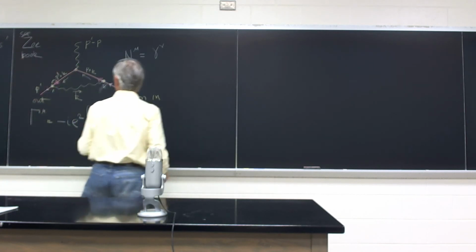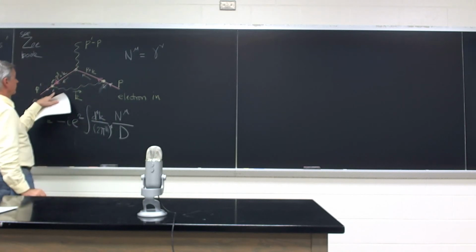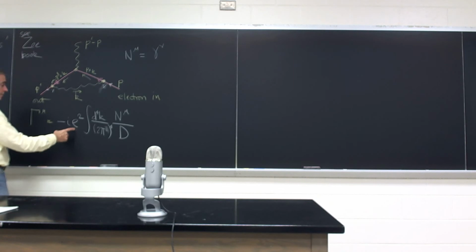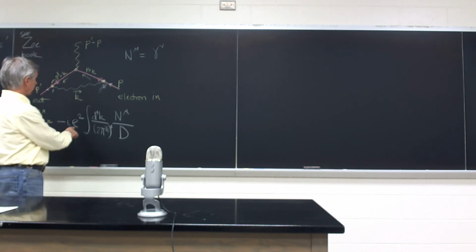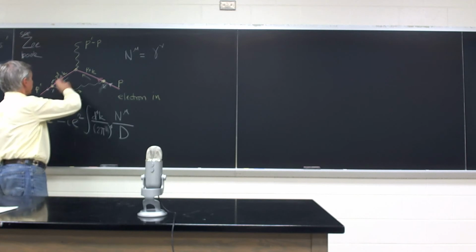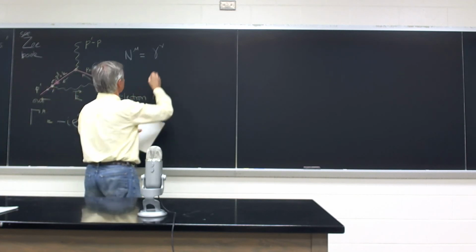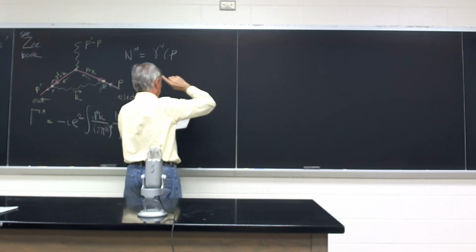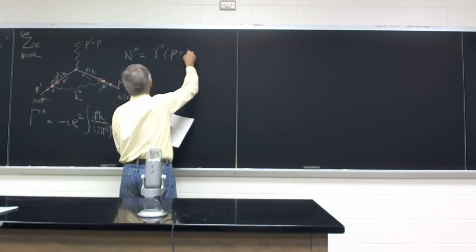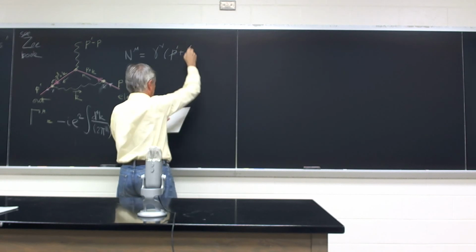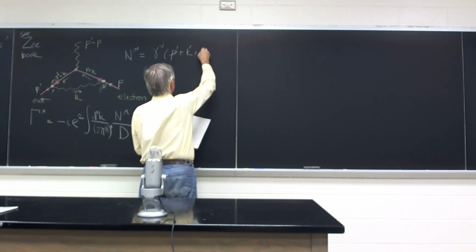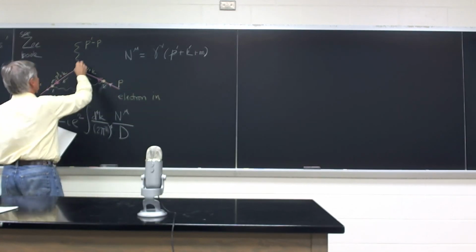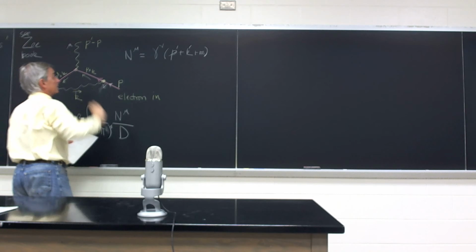So there is this photon vertex. The electromagnetic coupling is in here. Then there is a propagator, the numerator part of the electron propagator. Then there is the external vertex, which we'll say is mu.